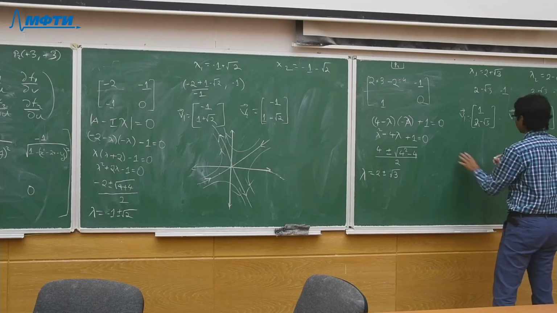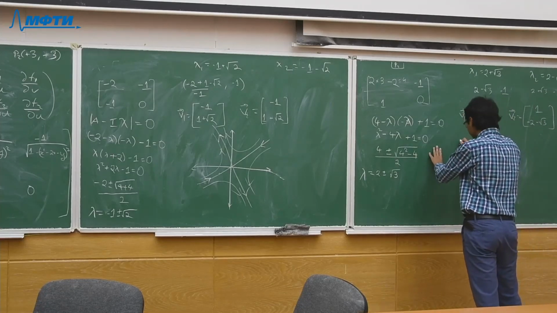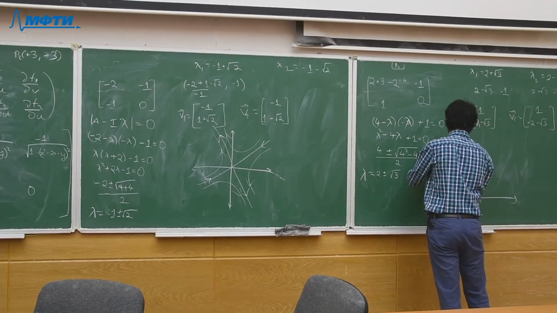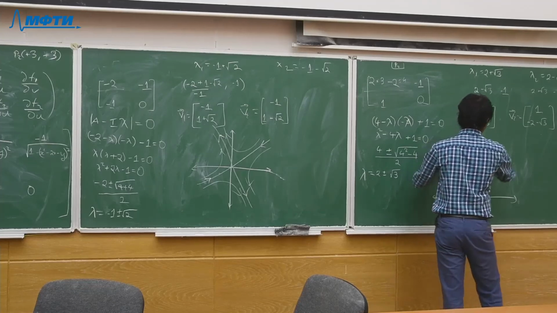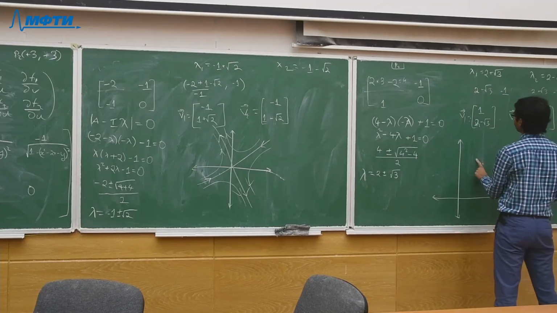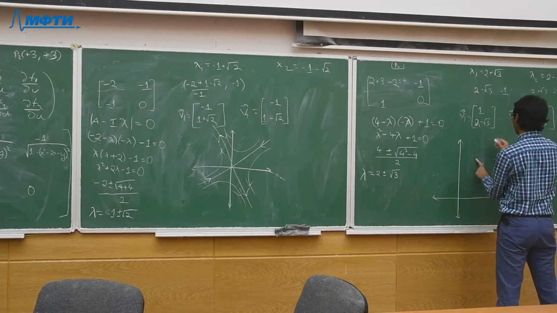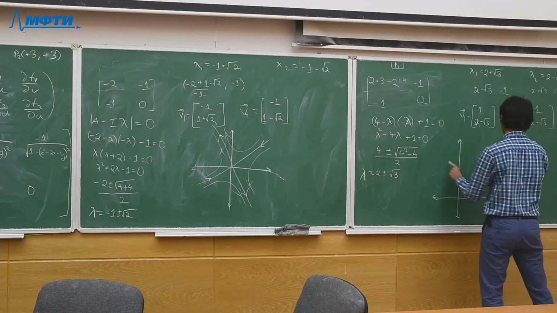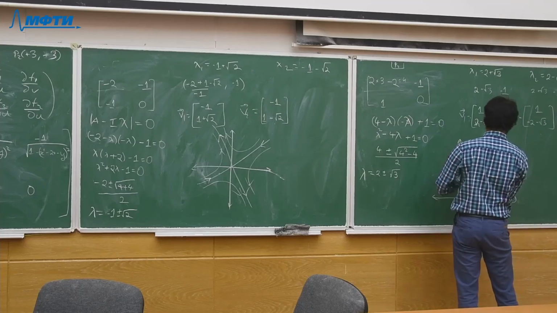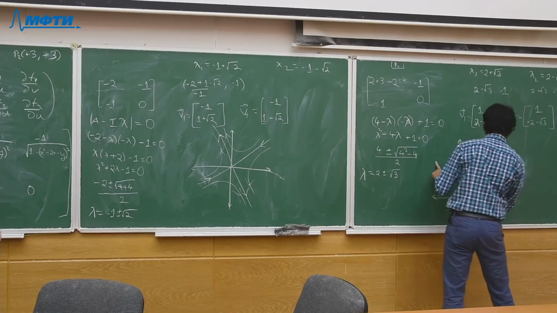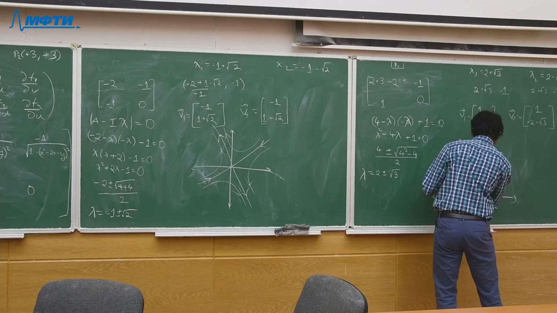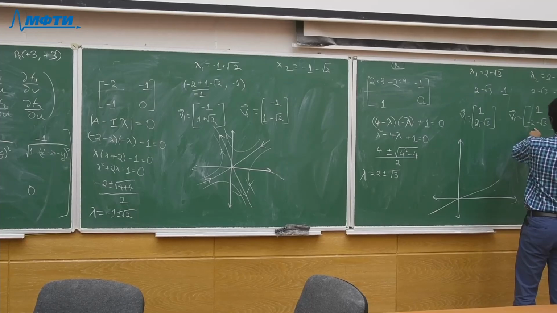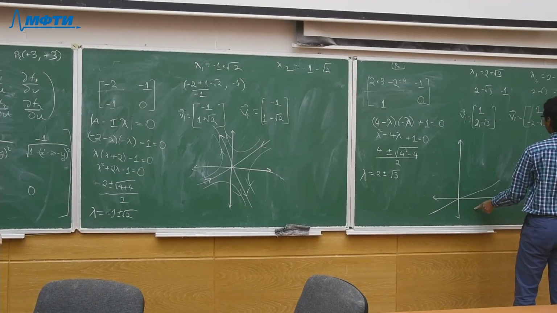Now the diagram around 3. 1 and 2 minus root 3. And this is 1 and 2.